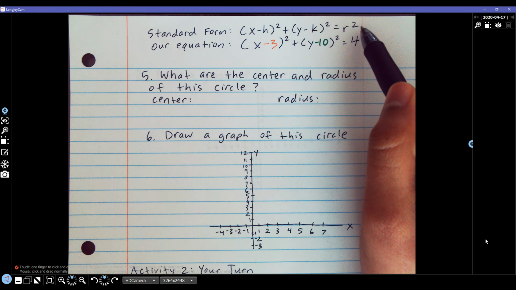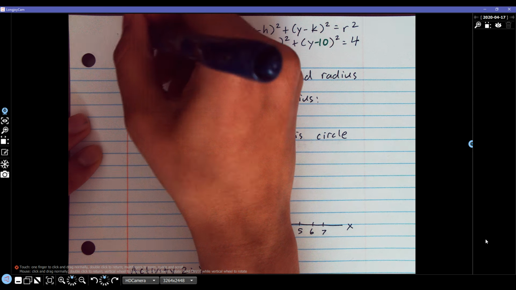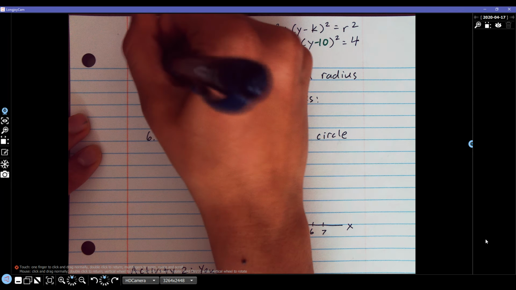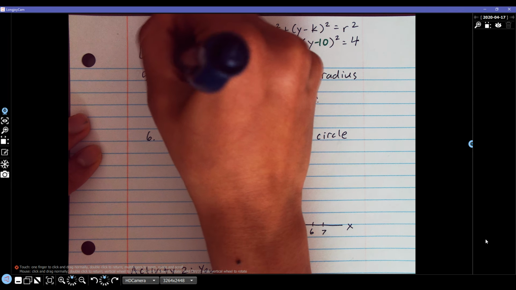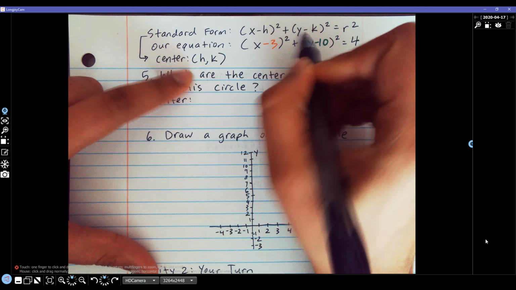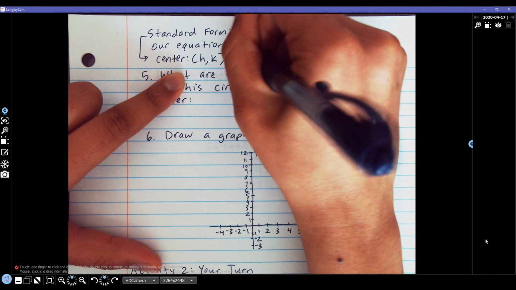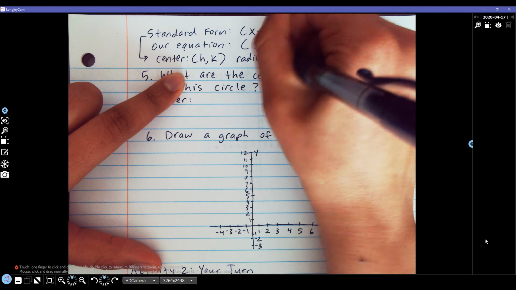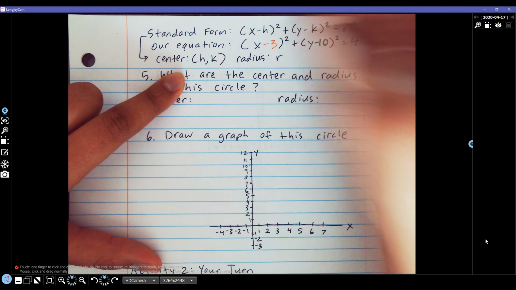And our center is at h comma k. Remember that h and k give us the x and y coordinates of our center. And then our radius is just r. So whatever this value is, the r squared, the radius is just r.